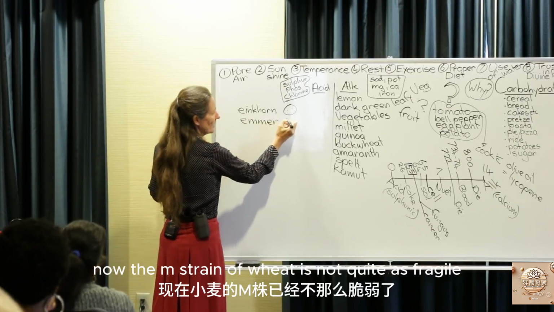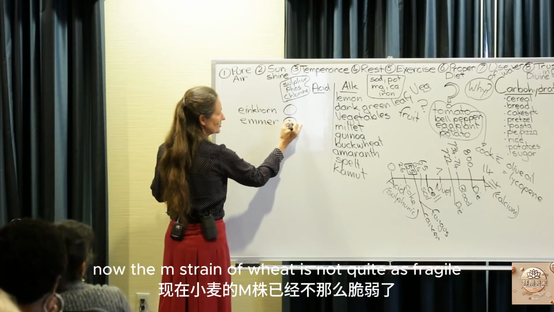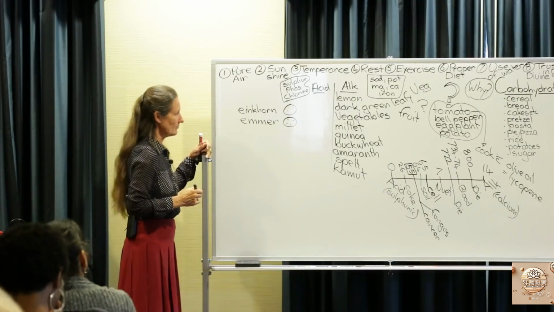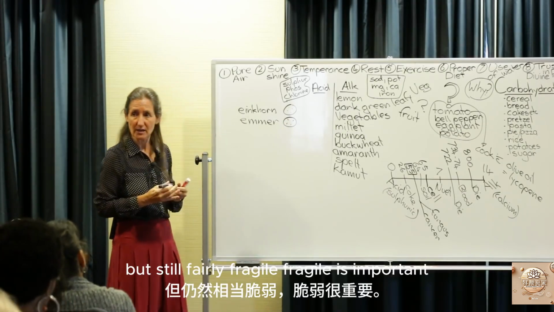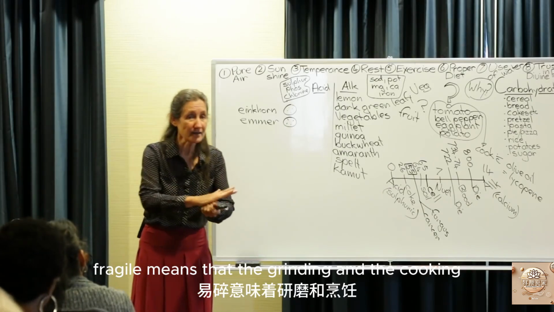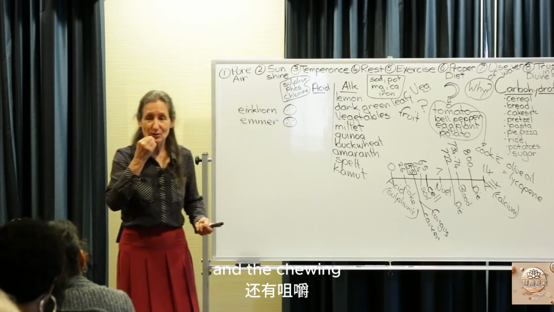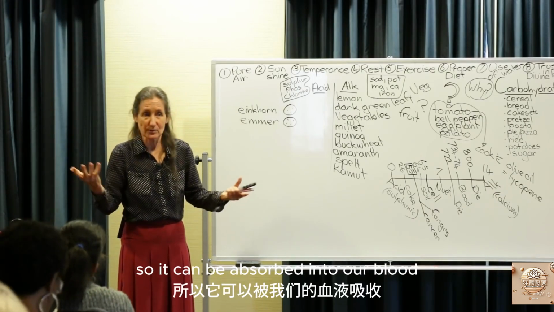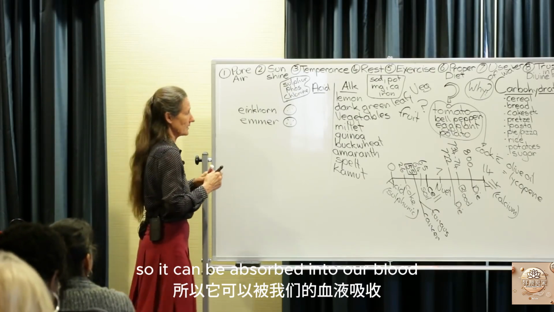Now the Emmer strain of wheat is not quite as fragile. This is the protein or the gluten structure, but still fairly fragile. Fragile is important. Fragile means that the grinding and the cooking and the chewing and the digestive enzymes easily break it down so it can be absorbed into our blood.